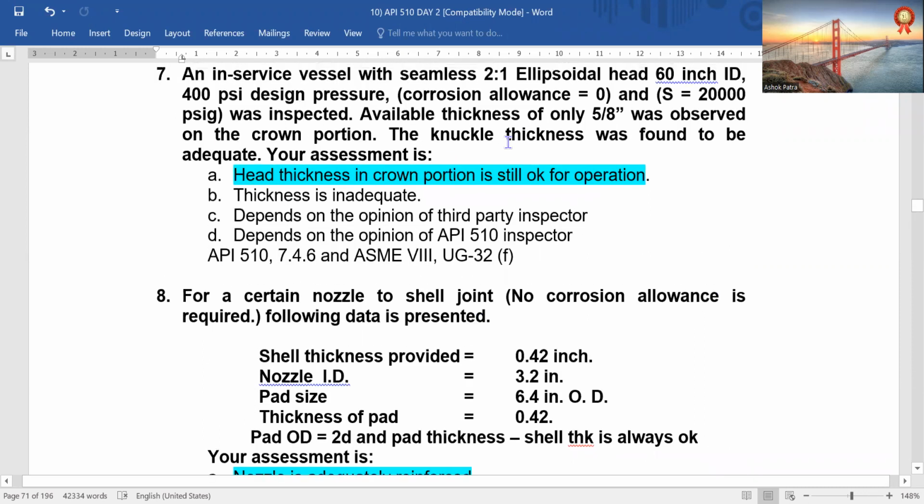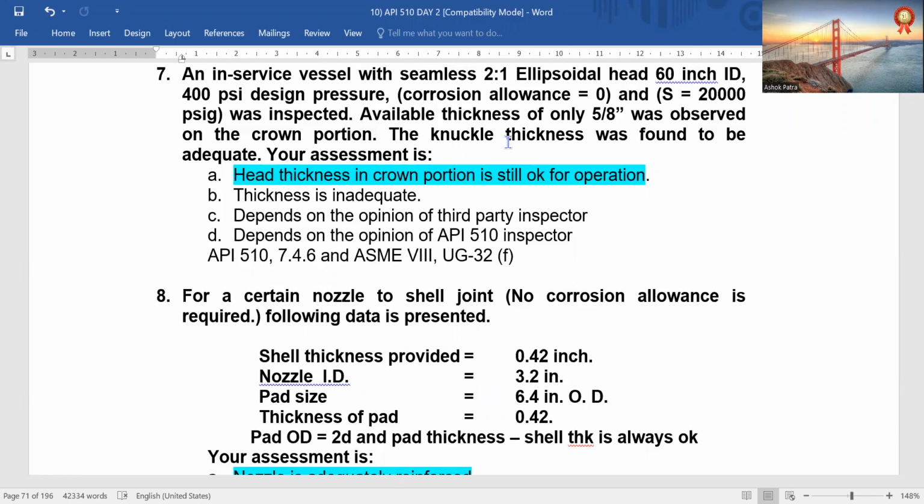An in-service vessel with a seamless 2:1 ellipsoidal head, 60-inch ID, 400 psi design pressure, corrosion allowance 0, allowable stress 20,000 psi, inspected. Available thickness of only 5 by 8 was observed on the crown portion.